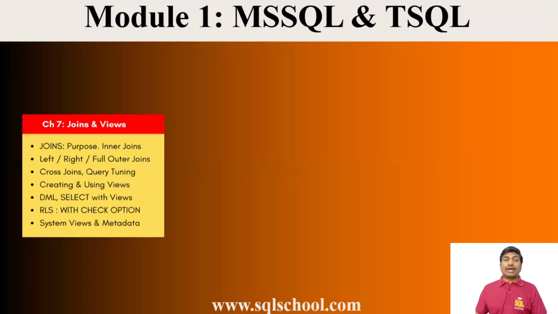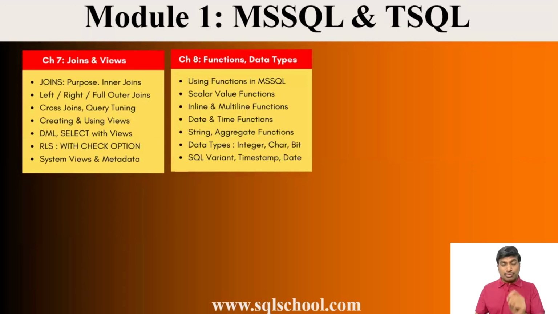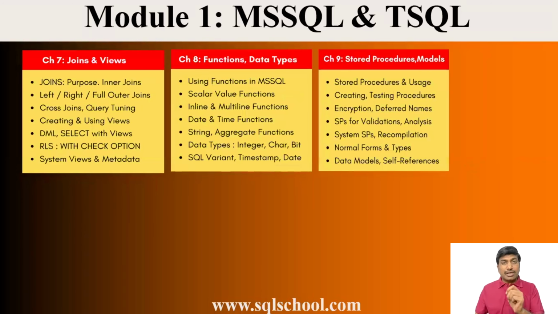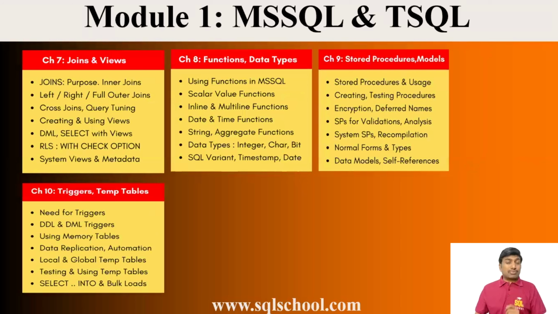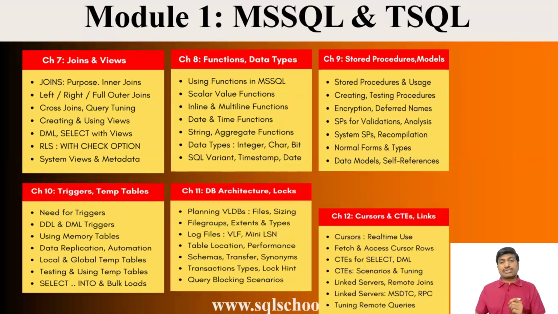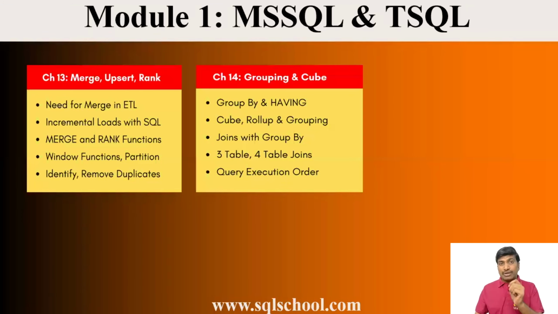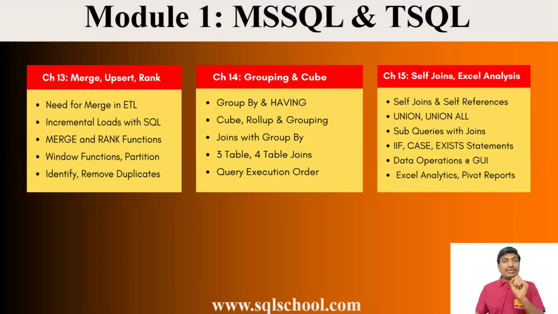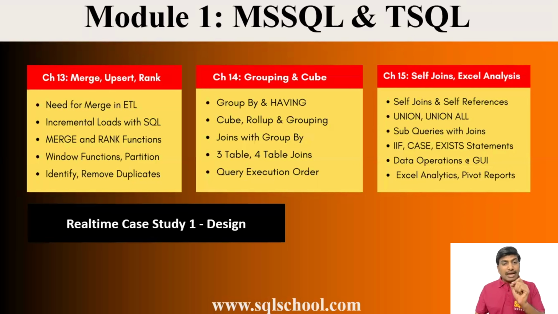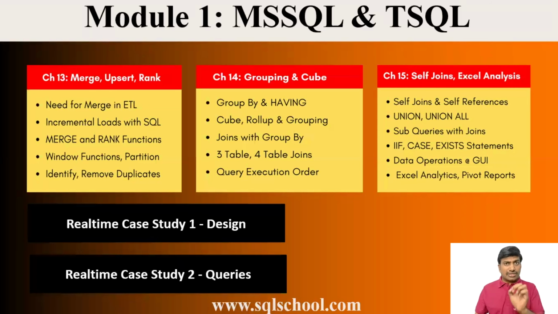In Module 1, we'll continue with joins, views, procedures, functions, triggers, common table expressions, temporary tables, locks, architecture, cursors, merge, upsert, grouping, group by, union, set operations, and so on, with self-joins, normal forms, Excel analytics, and real-time case studies. In total, there are 3 case studies.